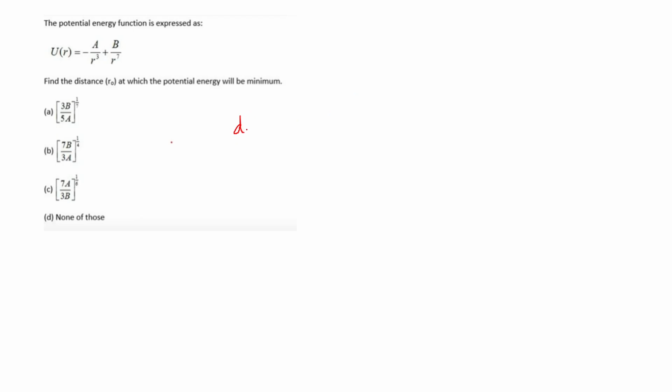So here also you have to do dU by dr at r is equal to r0, that is equal to 0. So if you calculate, it will be minus of minus 3 A r to the minus 4 plus 7 B r to the minus 8 is equal to 0.